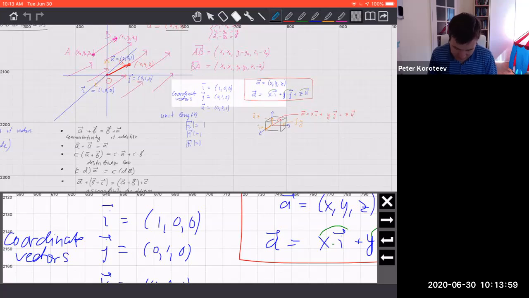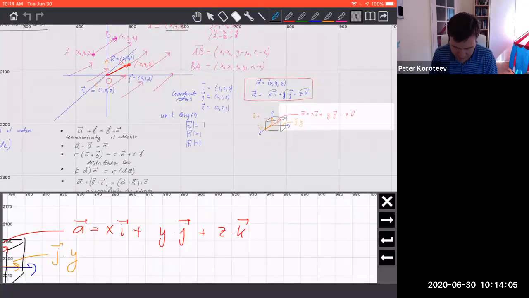Every point and every vector in three-dimensional space can be written as a sum, which is called a linear combination. I'm sure you know this word from linear algebra.